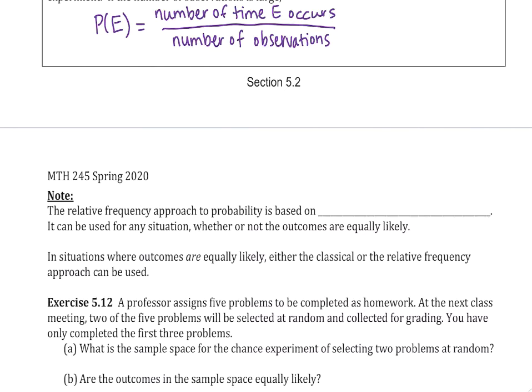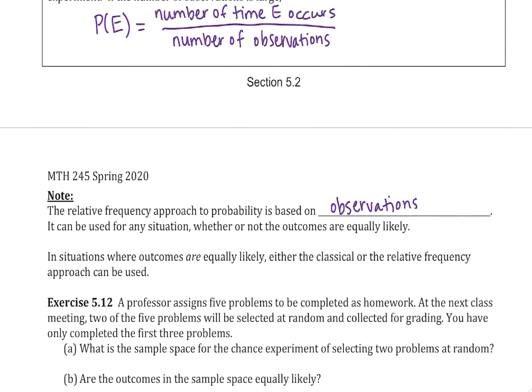Now, just as a note here, the relative frequency approach to probability is based on these observations. And because of that, you can use a relative frequency approach to any situation. And that's important because with the classical approach to probability, the outcomes in the sample space all have to be equally likely.